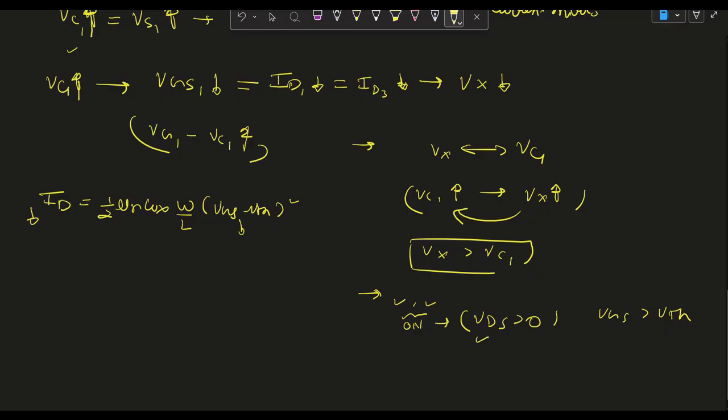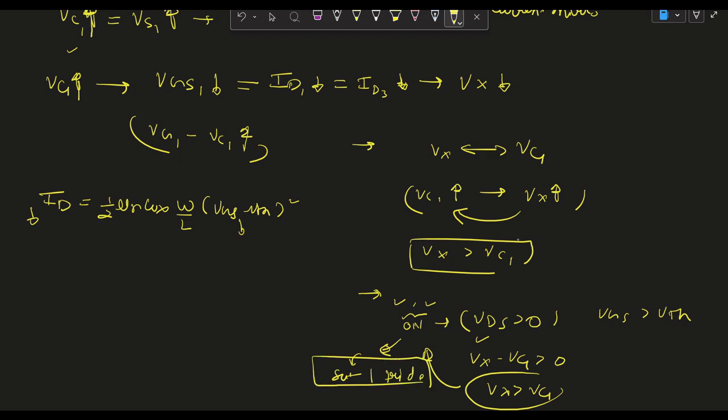But our point of interest is this one: VD is Vx and VS is Vc1, which is greater than 0. So we can say that Vx is always greater than Vc1 when the MOSFET is on, and in the on condition the MOSFET will work either in saturation or in triode region. So this is my point: as Vc1 increases, Vx will increase. Vx is following Vc1, but Vx is larger and Vc1 is smaller.